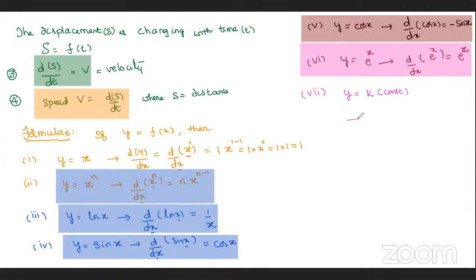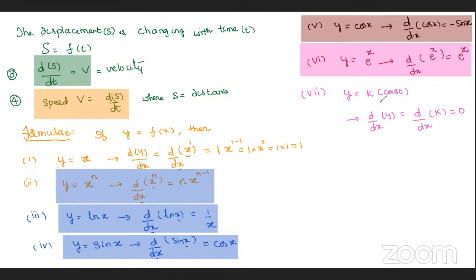In that case, if I write d by dx of y, that is d by dx of k. This constant never changes. Constant never changes means there is no change, and we represent that with zero.